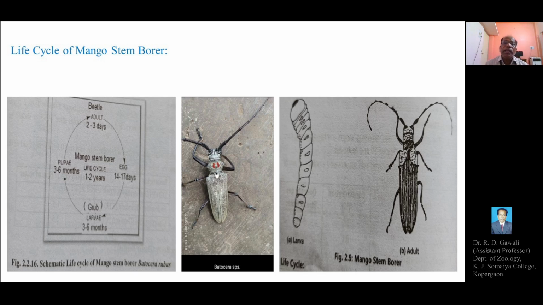Usually the adult female of the mango stem borer lays a single egg onto the mango plant, in a crack or crevice, underside of the bark or in a loose bark, usually during the monsoon month or rainy season, or just after the summer season. So at the onset or beginning of the monsoon, the adult female beetle lays eggs during the early monsoon, and the adult which hatches emerges again in the next year, in the beginning of the rainy season, that is May or June.